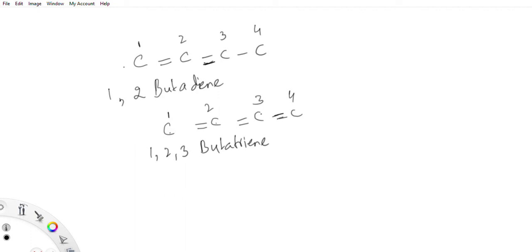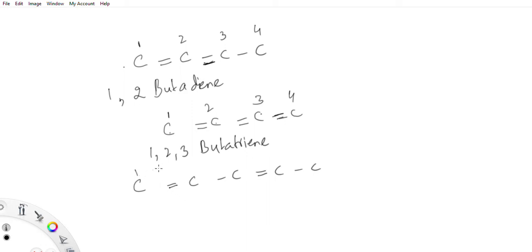Similarly, if I take another compound with carbons 1, 2, 3, 4, 5, and now I have a double bond here and another here. Again, the first rule is to start counting from the side which gives the double bond nearest.